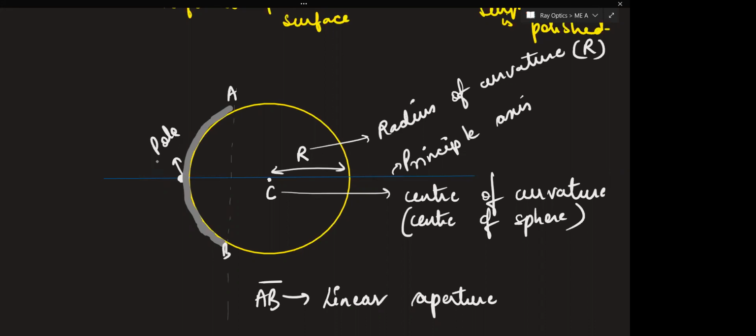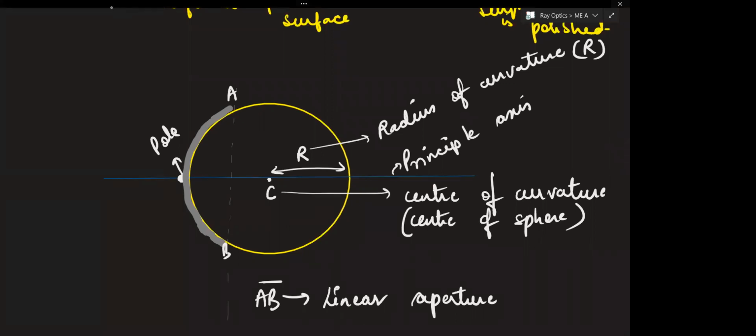One was linear aperture. Now, angular aperture means the angle that is subtended at the center. This whole part subtends the boundary of the spherical mirror. This was the linear aperture.